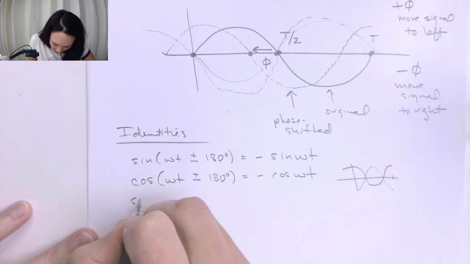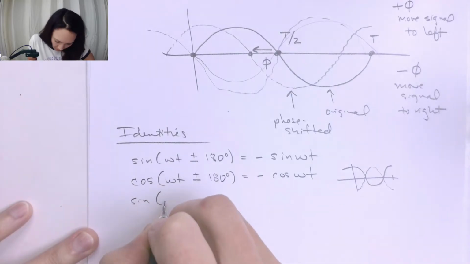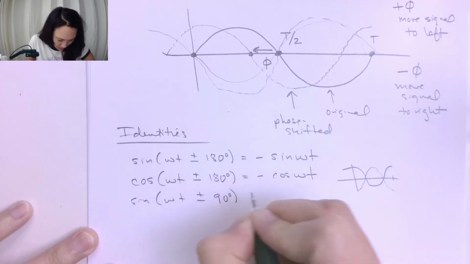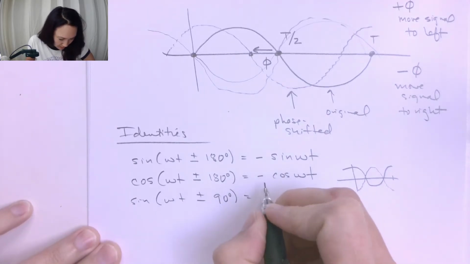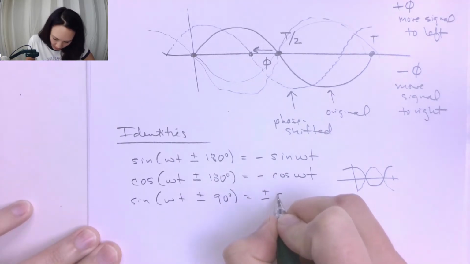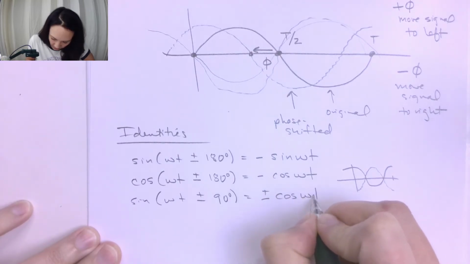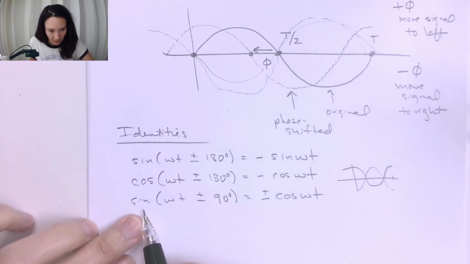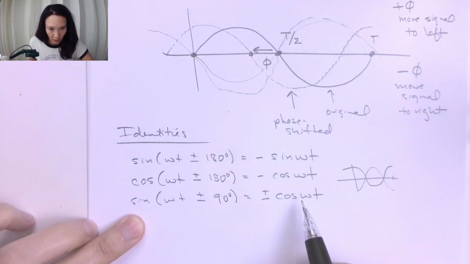All right, the next one that's going to be useful is if we phase shift by 90 degrees, then this is going to be plus or minus the cosine of omega t. So in other words, if we apply a phase shift of 90 degrees to a sine, it's going to turn that into a cosine.